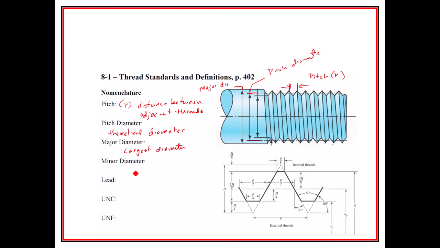And then we have the minor diameter, which is also known as the root diameter. And this one right here is the minor.